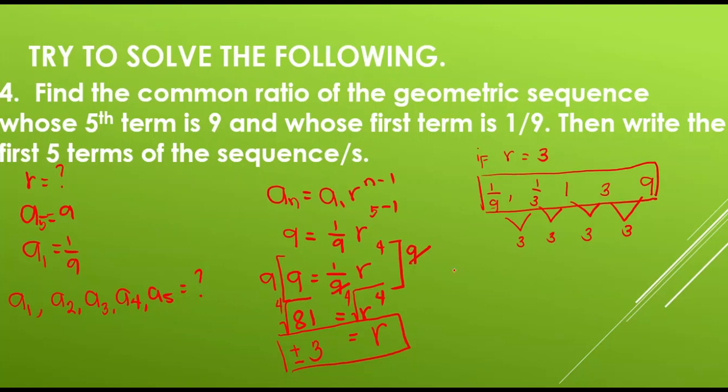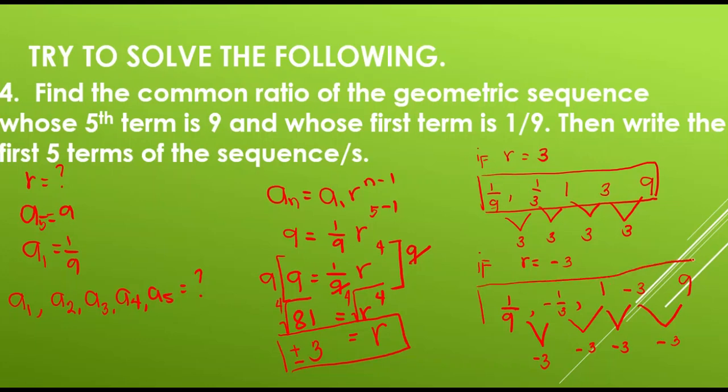Okay, next, if your r is equal to negative 3, then your first term is 1/9, because it's already given there, times negative 3 will give you negative 1/3. Then, if you multiply this by negative 3, it will give you 1. Multiply by negative 3, it will give you negative 3. Multiply by negative 3, it will give you positive 9.